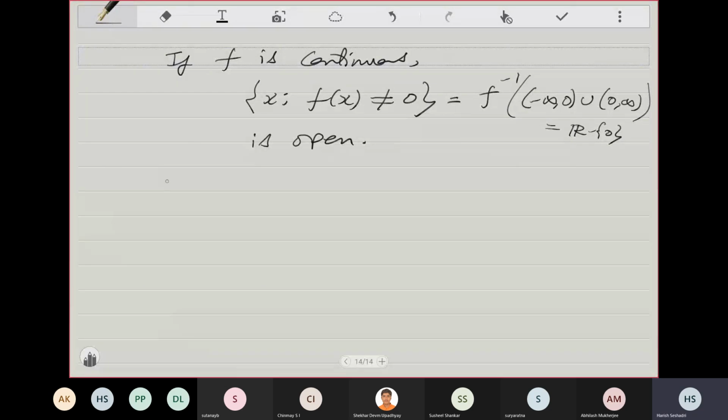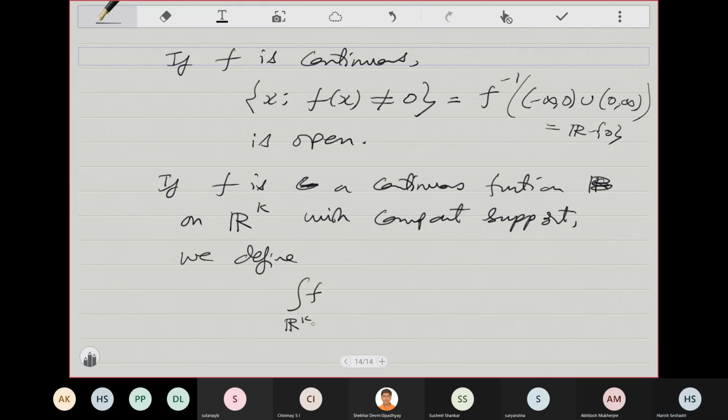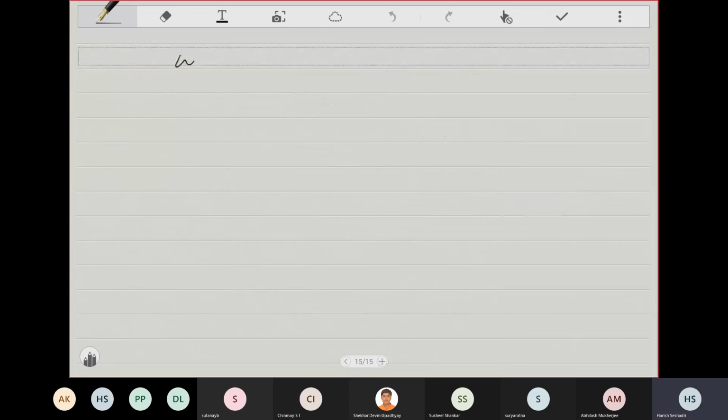But so we are going to look at, if f is a continuous function on Rk with compact support, we define the integral of f over Rk to be the integral of f over some k cell Ik, such that Ik contains the support of f.